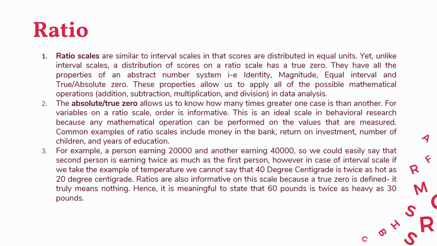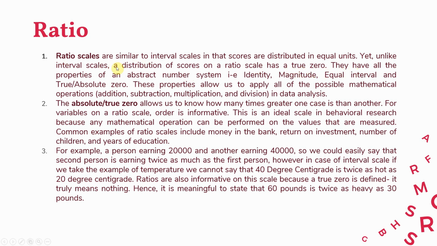Now what is ratio scale? Which is on top of the ladder. Ratio scales are similar to interval scales in that scores are distributed in equal units. So they've got identification, magnitude, equal interval, but one thing that is added onto ratio scale is their true 0.